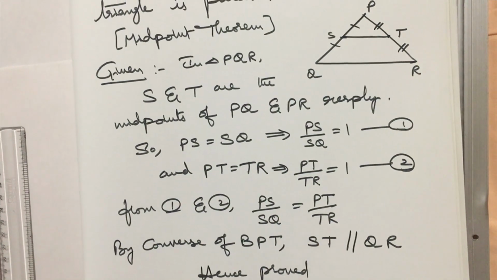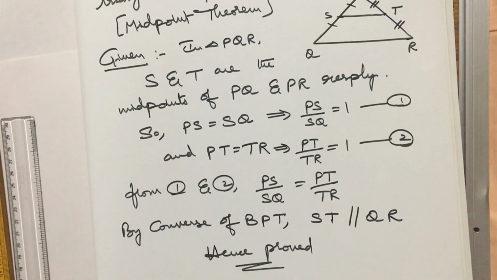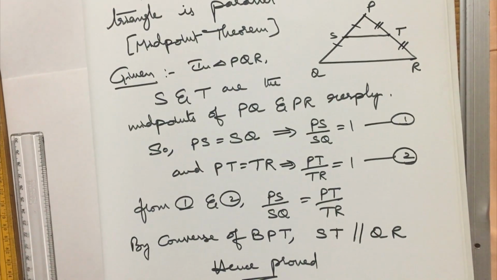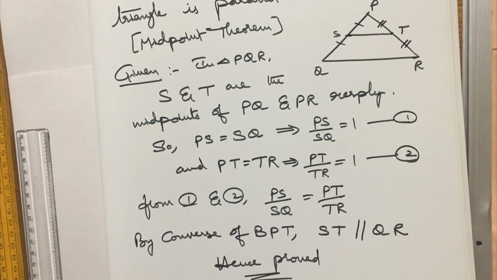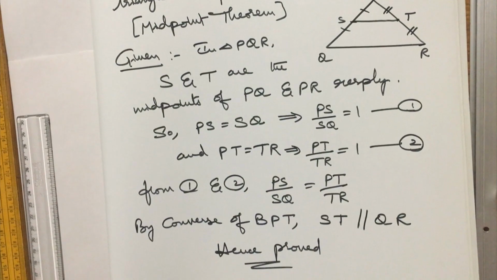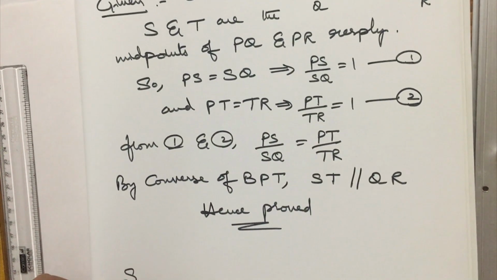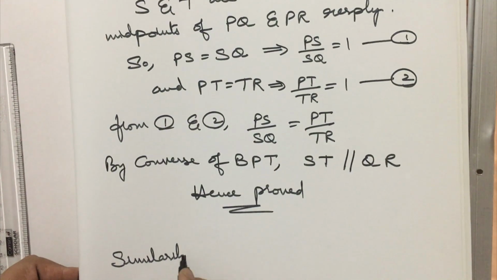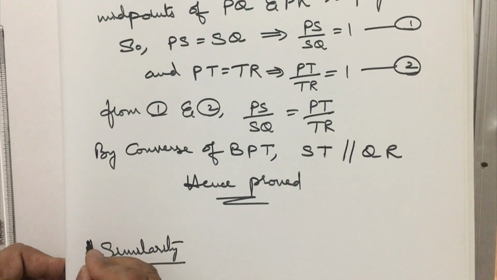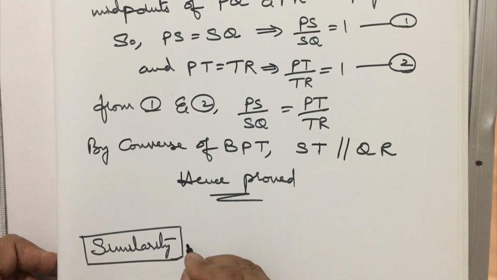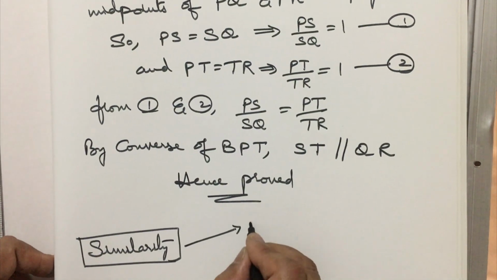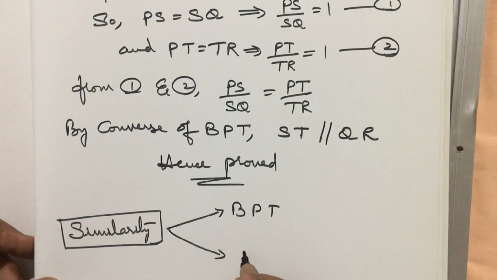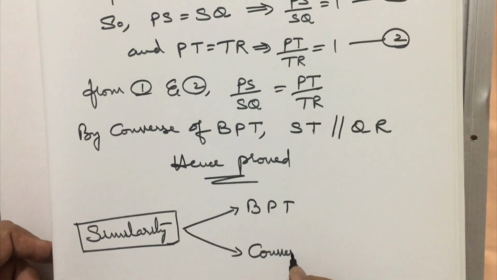So, in all these problems, we have learned where to apply the BPT theorem and where to apply the converse of BPT. From this module we came to know that from the similarity concept, till now we have learned two theorems: one is the BPT theorem, the other one is the converse of BPT.